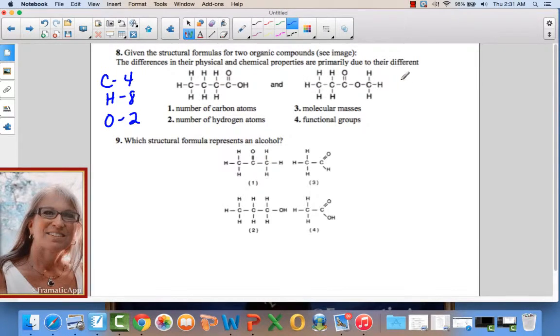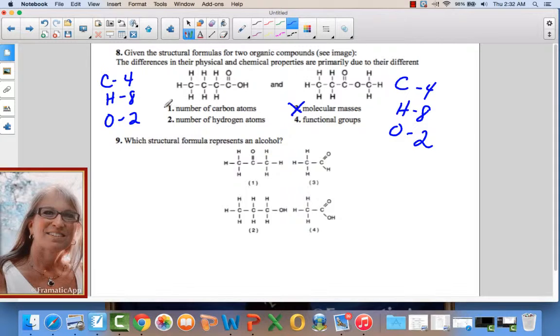And over here, I have 4 C's, 8 H's, and 2 O's. So right away we know that they have the same molecular formula, which means they're going to have the same mass because they have the same number of carbon, hydrogens, and oxygens.